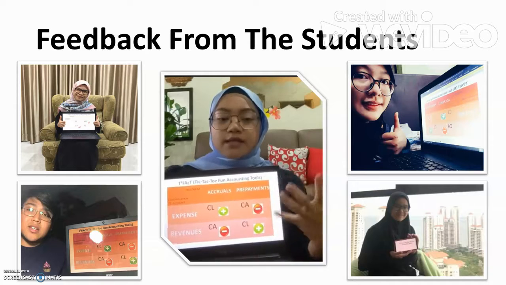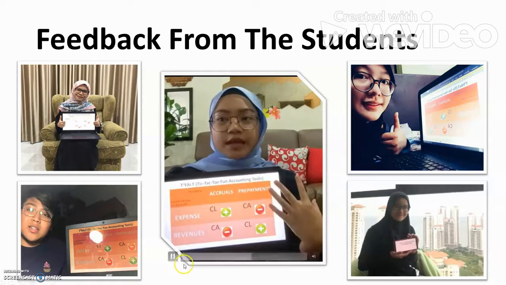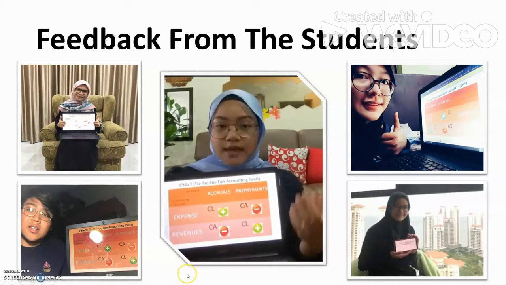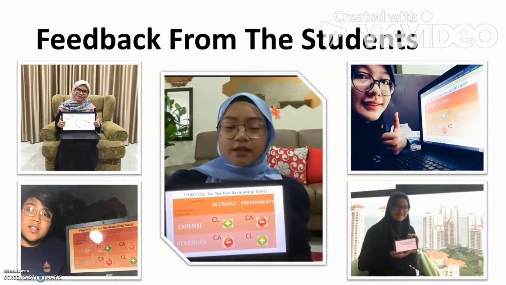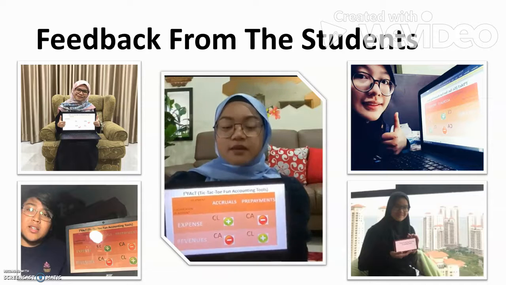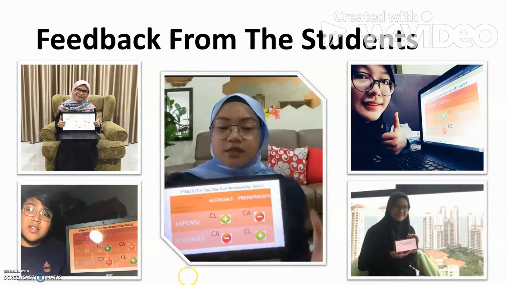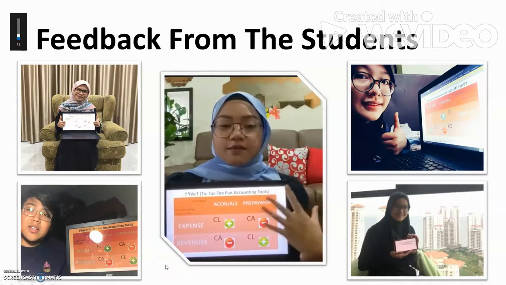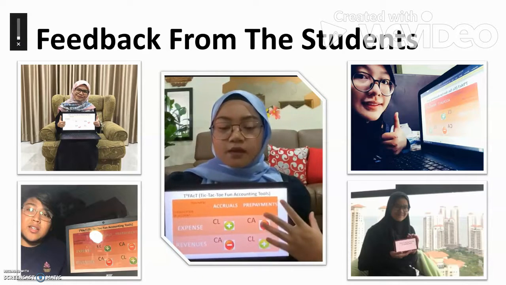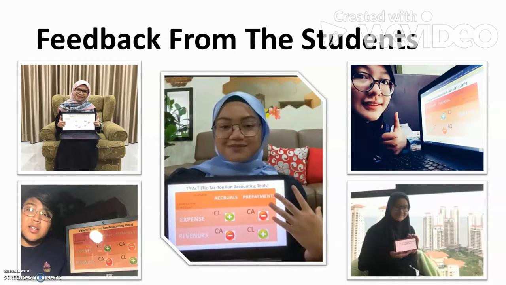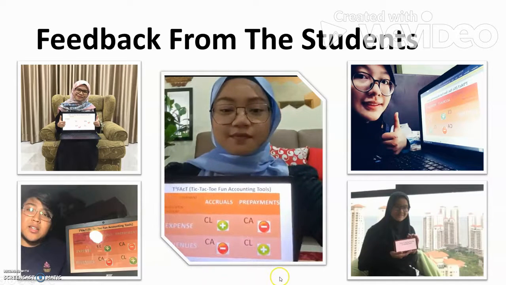So, when they memorize this diagram, it's easier for them to understand, and it becomes easier for them to classify when they prepare financial statements. As for me, this diagram is really helpful for students to memorize, and they will remember. So that's all from me. Thank you.